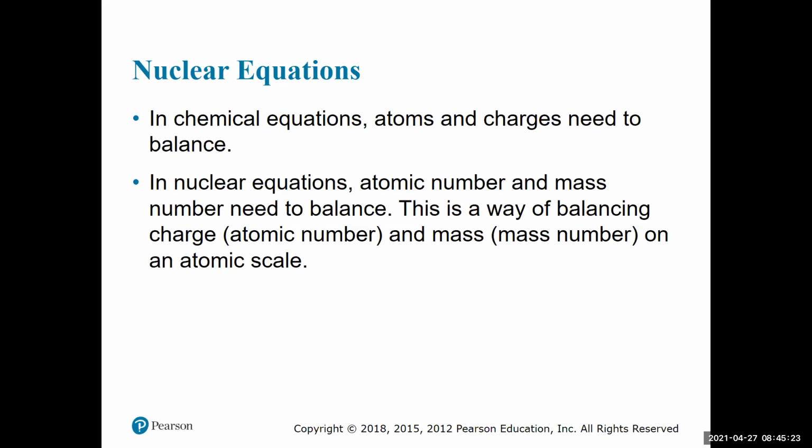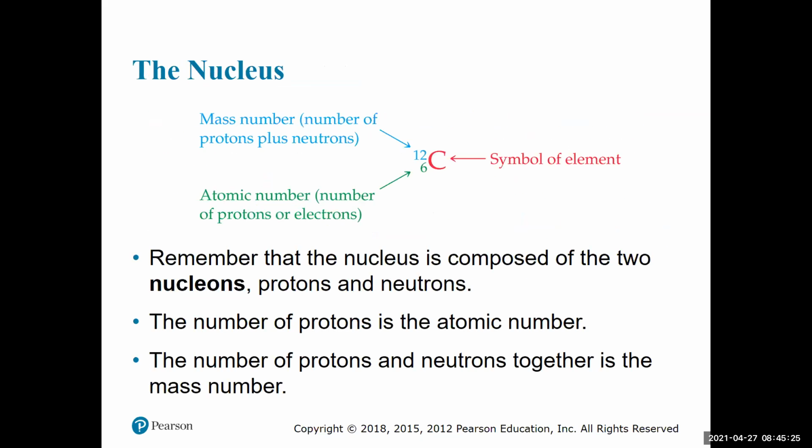And so just to remind you again, what we're saying here is the mass number, the 12, the atomic number, the 6, those numbers on these different elements, those are the numbers we're going to be balancing essentially, okay?